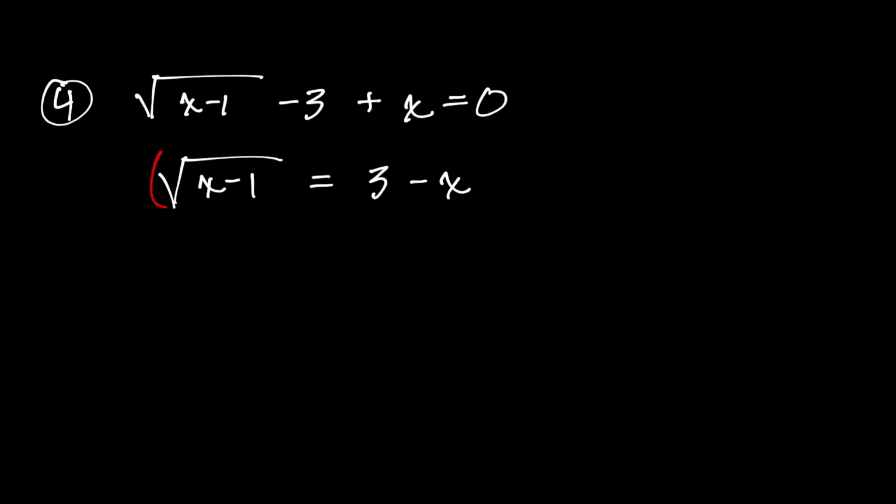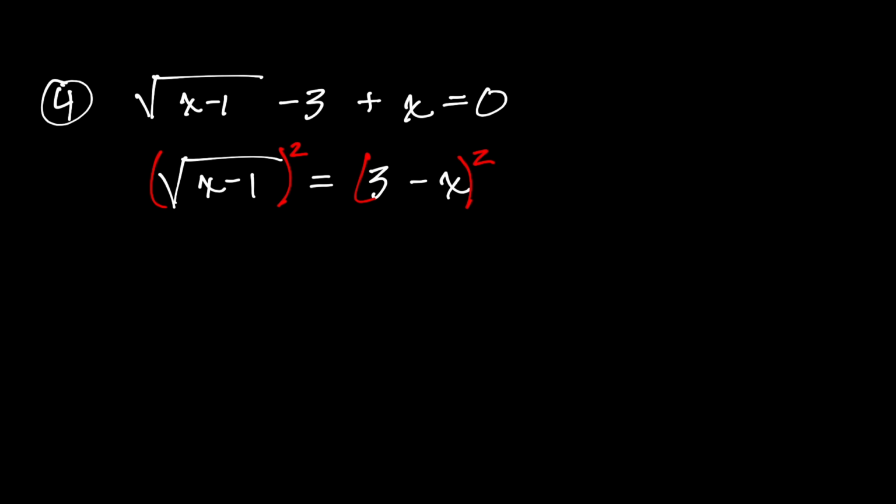We want to get rid of this radical, and to do that, you have to square it. And if you square the left-hand side, you have to square the right-hand side. Now, here's a difference: I'm squaring this, and it's not a radical. So let's go ahead and finish this off, and we'll do the check.